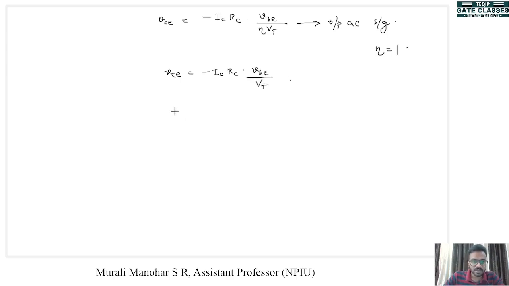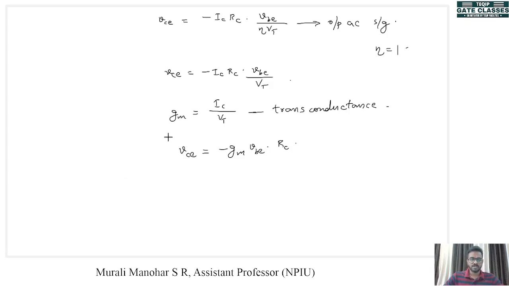Now we can introduce a new term called gm, and gm is equal to IC divided by VT, and it is called the transconductance. Now we can write vce, that is the output AC signal, as minus gm vbe into RC. So this is our output AC signal.